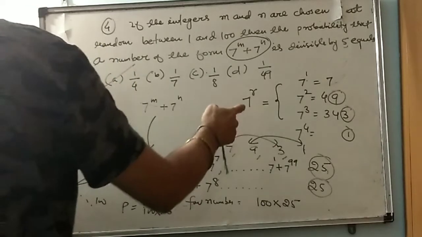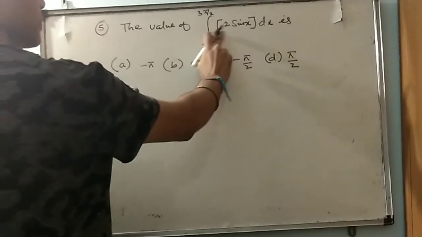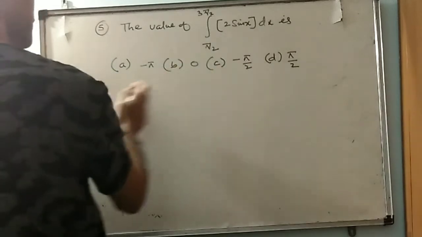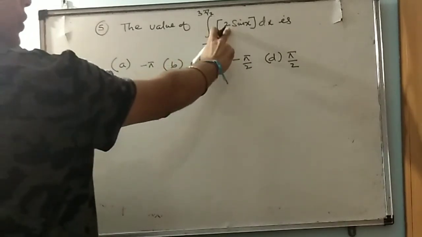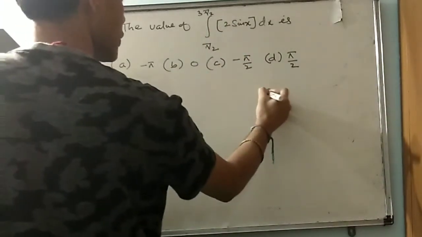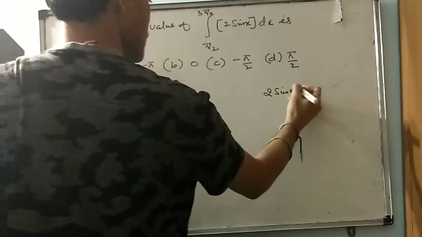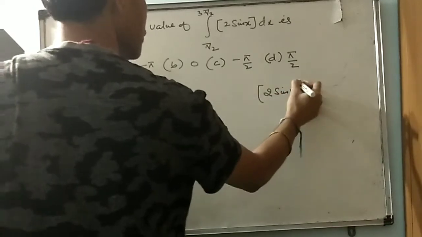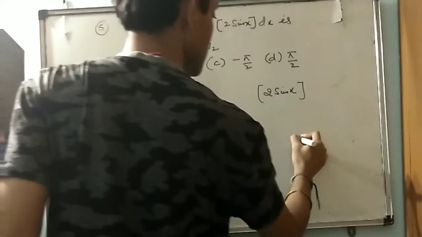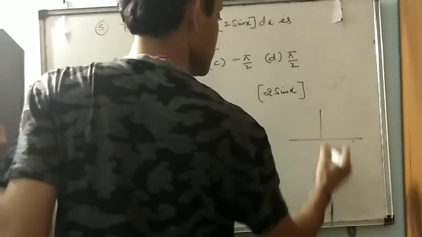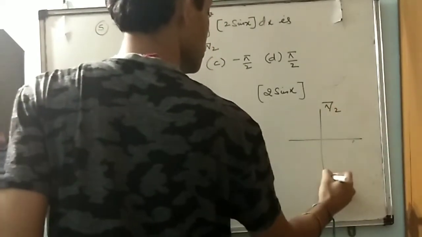So this question is based on the King's property of integral. This one is indication of it. Whenever we have to handle this kind of question, we should be looking at this thing. This sin x is getting multiplied with 2, and our interval is from pi by 2 to 3 pi by 2.